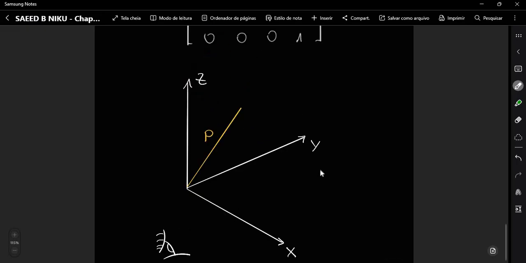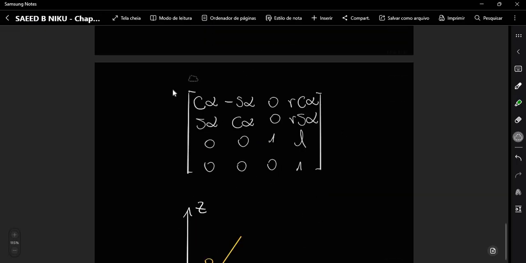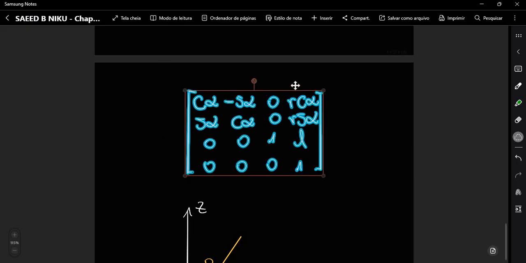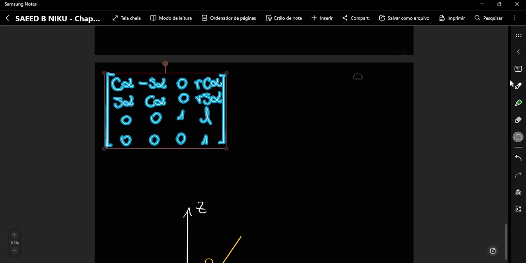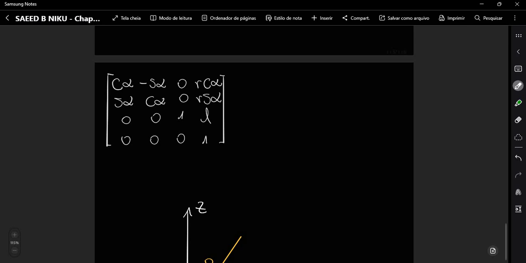Also, let's draw just the simple XY plane, and remember how we decompose the vector into its components.